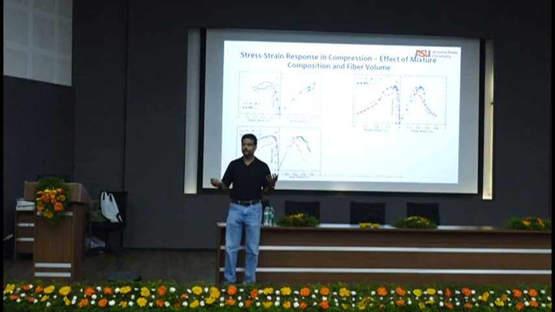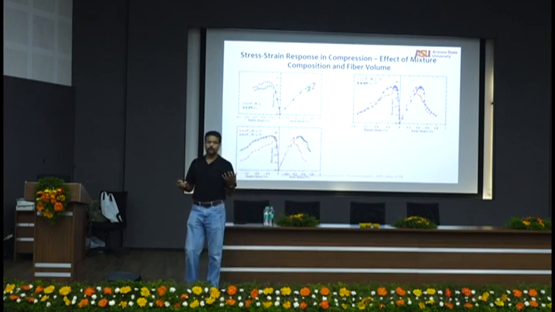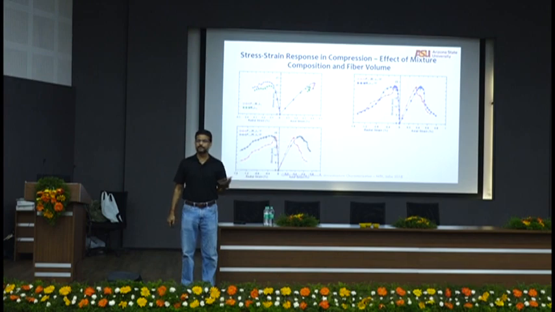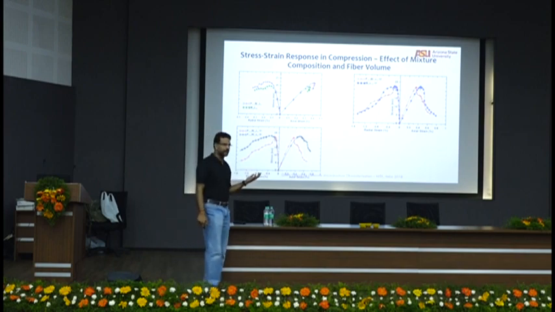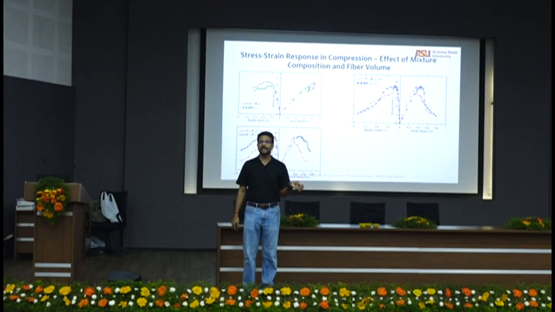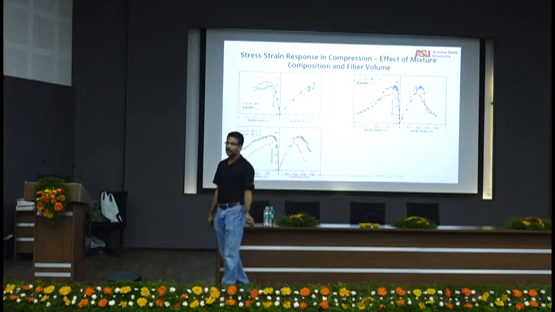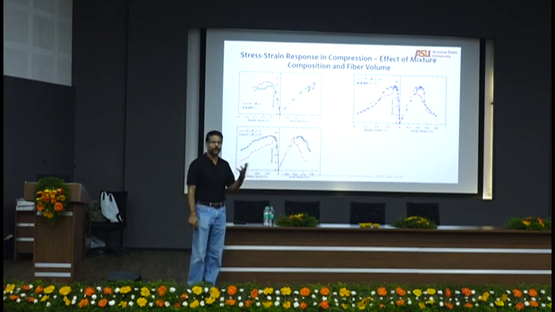Remember, when you do your reinforced concrete design, what is the maximum usable compressive strain in concrete? 0.0035 in Europe, India, and Canada. In the US it's 0.003. So we use only 0.3% or 0.35%.